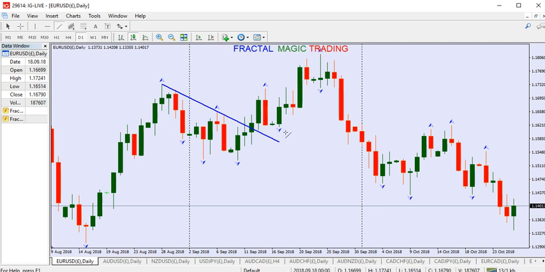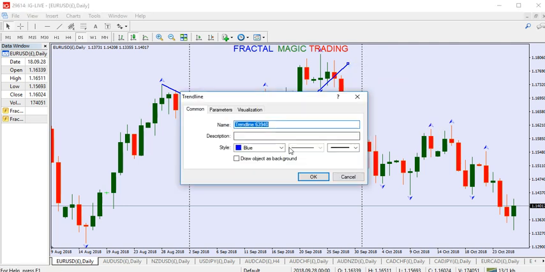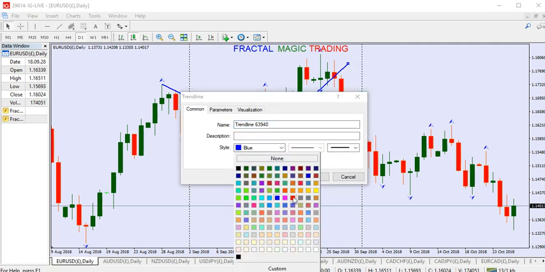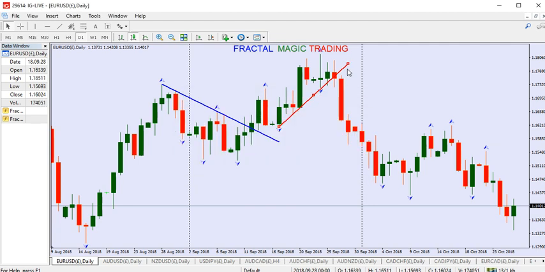And conversely, if you draw a support fractal line where the second fractal is higher than the first fractal and price breaks down through this line, you're going to be trading a sell bias or a short bias in the market.